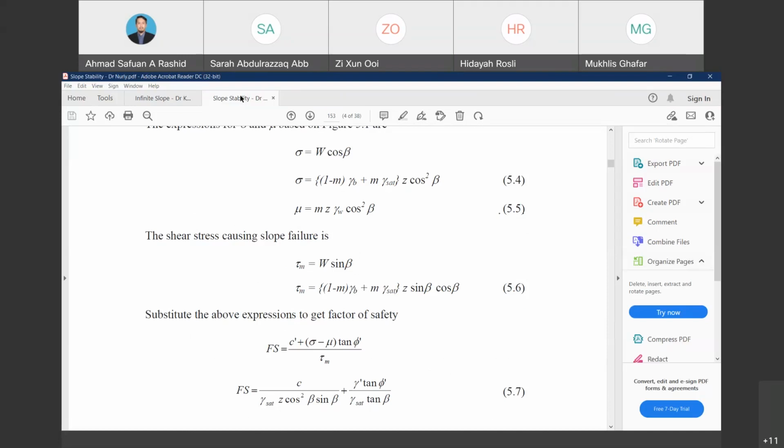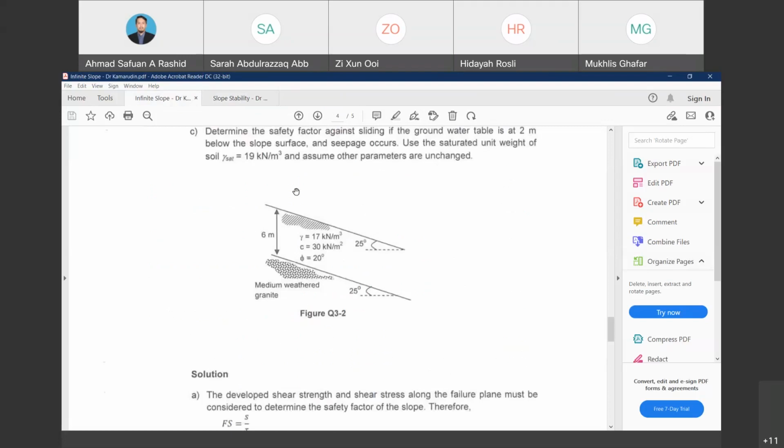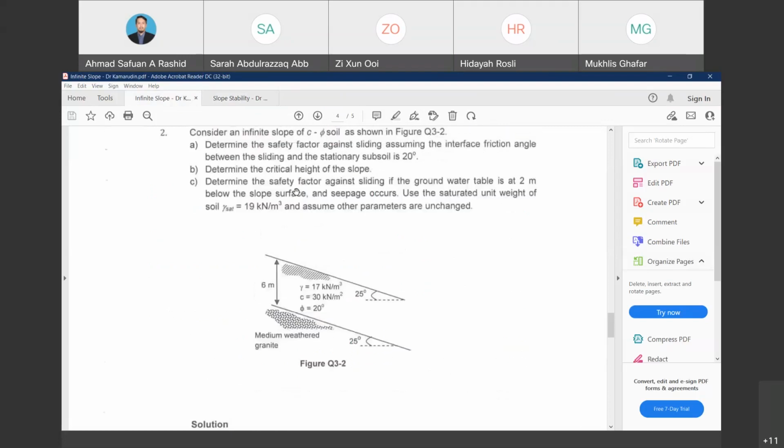Yes, I got 1.21. So that means we can use the approach from Dr. Noorli Ghafar for this same problem from Dr. Kamaruddin for the C.